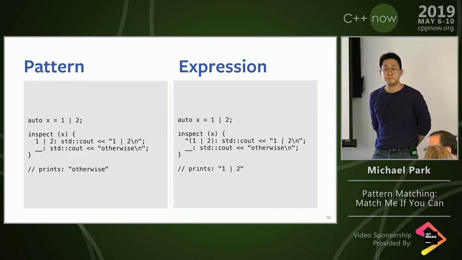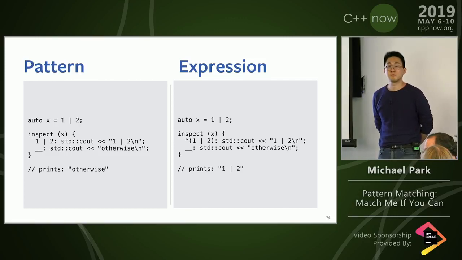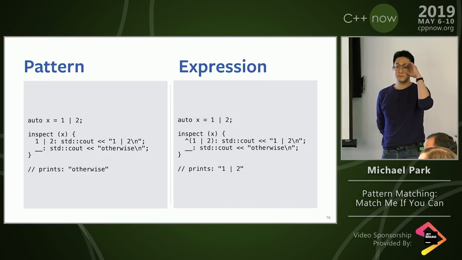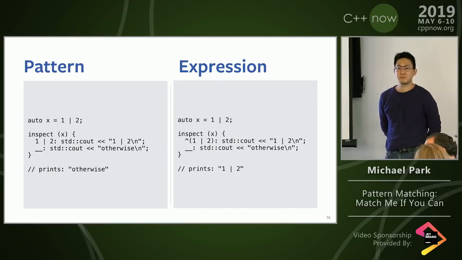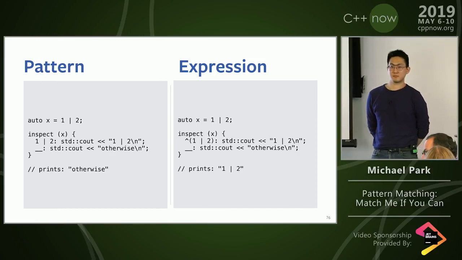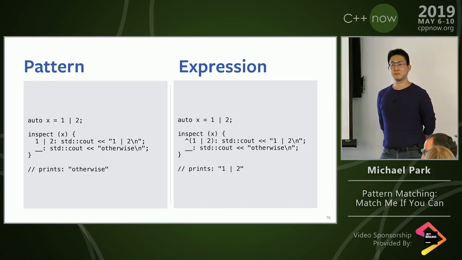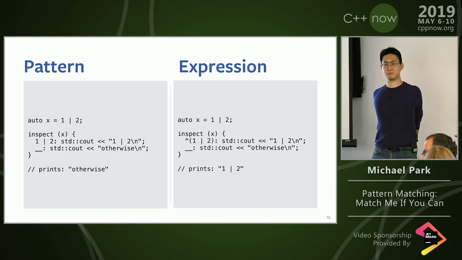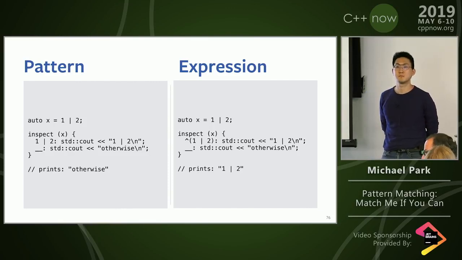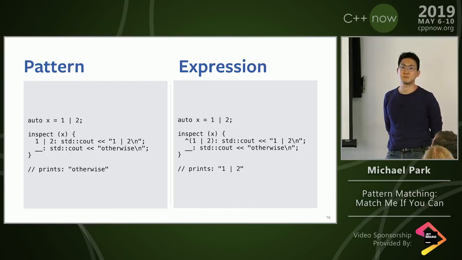Just want to circle back to what Lisa was suggesting. One drawback of that approach is if you're inspecting and matching against your enumerators, like you inspect an enumeration value and you want to just have different cases for your different enumerators. For every single one of those cases, you have to put left parenthesis double equal the name of the enumerator, right parenthesis, which is a very heavy syntax for something which is really common.